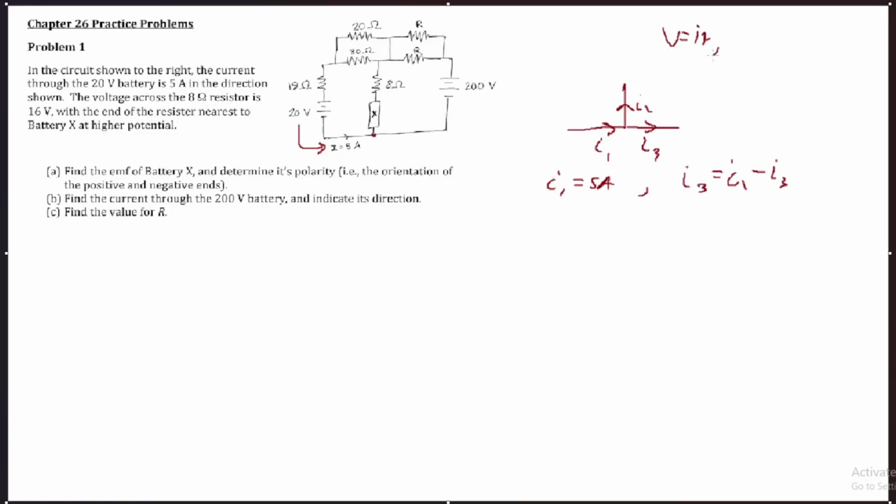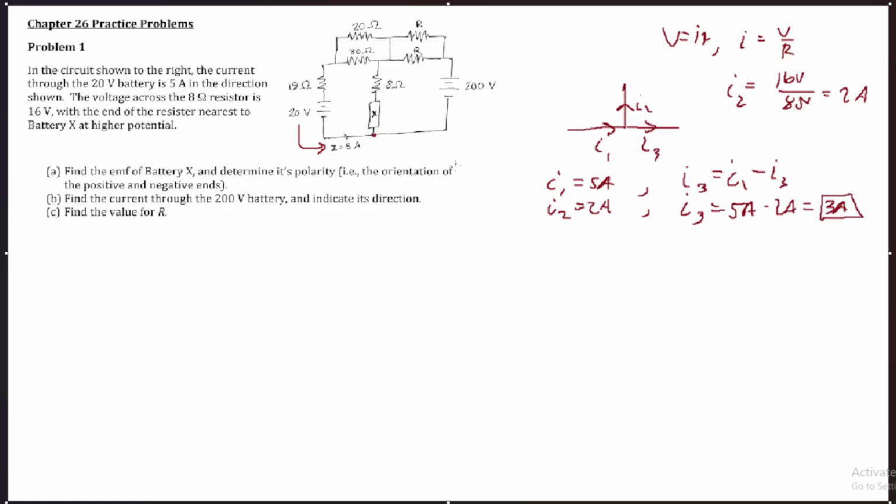V is equal to IR, so I is equal to V over R. So I is just equal to 16 volts over 8 ohms. So I2 is equal to 2 amps. Since I2 is equal to 2 amps, this gives us an I3 of 5 amps minus 2 amps, which is equal to 3 amps.